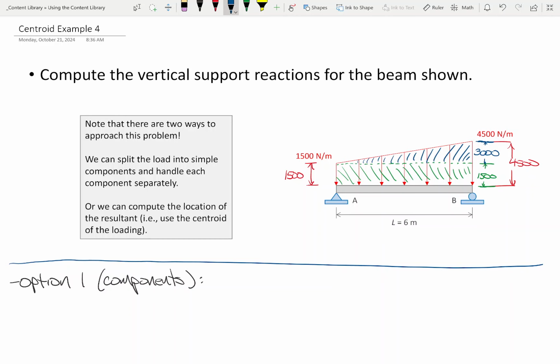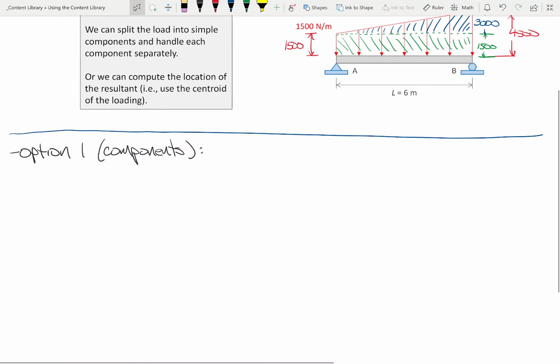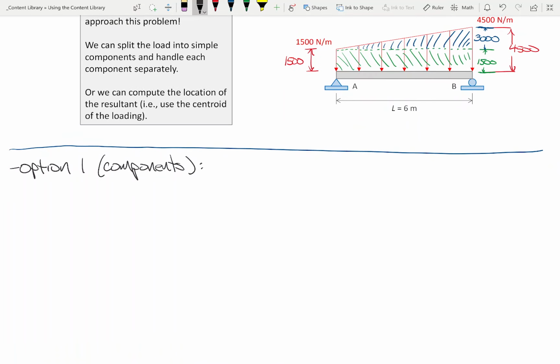So option 1 is going to be to do the following. Here's what option 1 is going to be. We're going to have an unknown force.